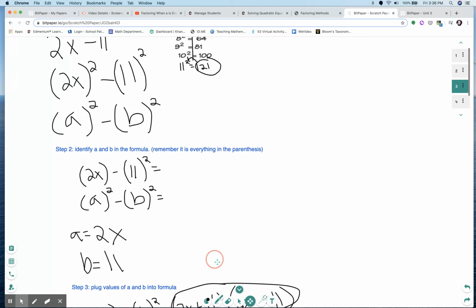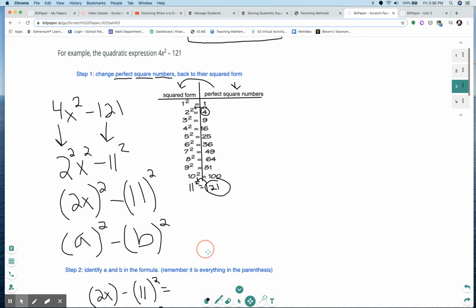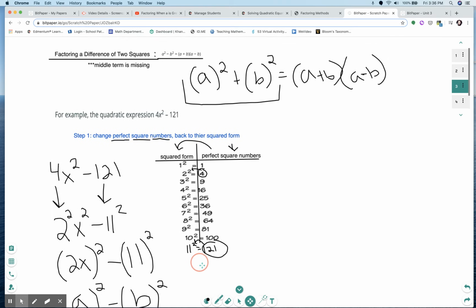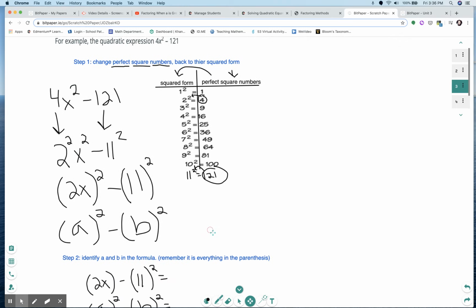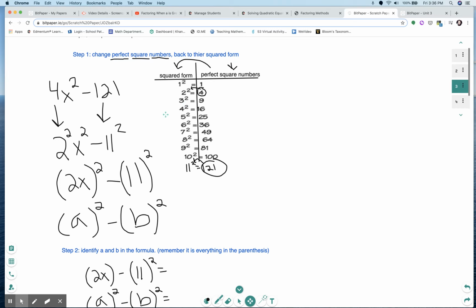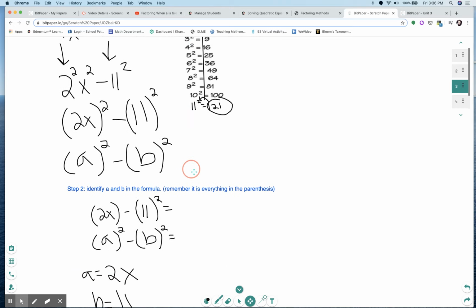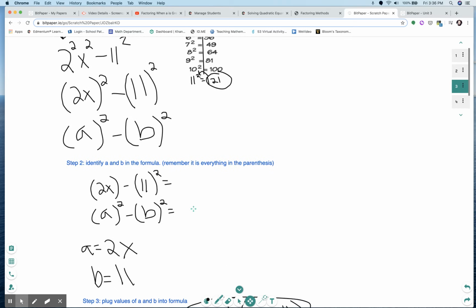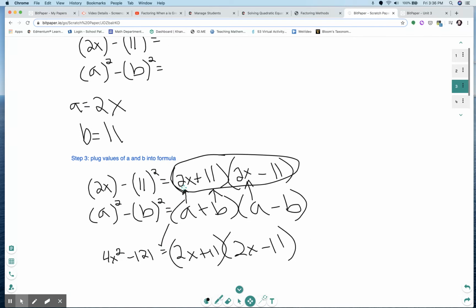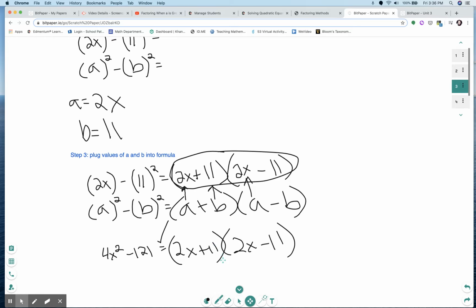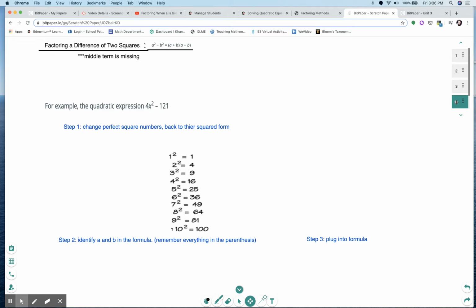So that's pretty much it for factoring difference of squares. You just have to identify a perfect square, change it into a perfect squared form, identify what A and B are, plug them into the formula, and then you have your factored form. I do have another example on page 4, I believe.